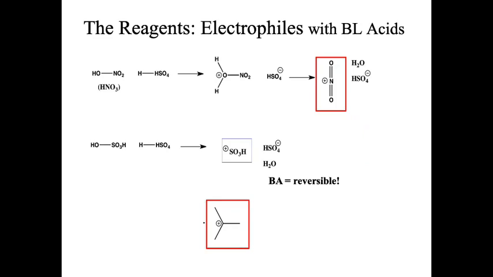Okay? Last one, this is another carbon electrophile. The reason why we talk about this one is that it's slightly different than our Friedel-Crafts. In the Friedel-Crafts, we added a Lewis acid catalyst. We're talking about Bronsted-Lowry acid catalysts. I can start with an alkene and add a strong acid. What happens?